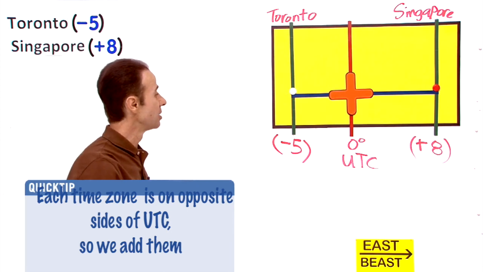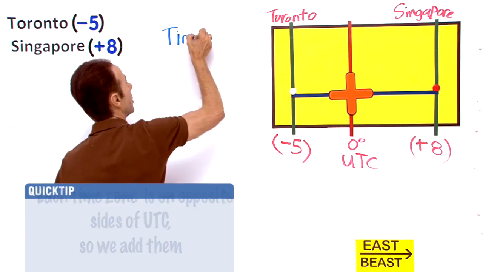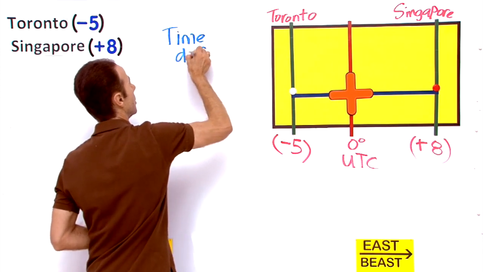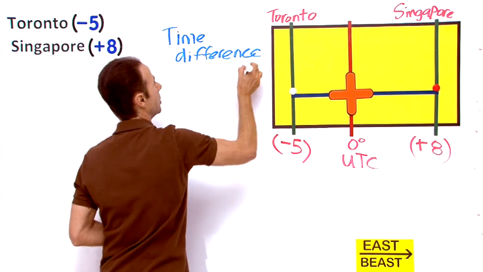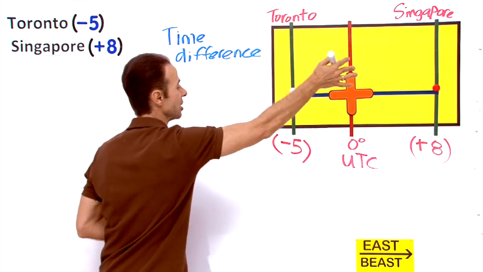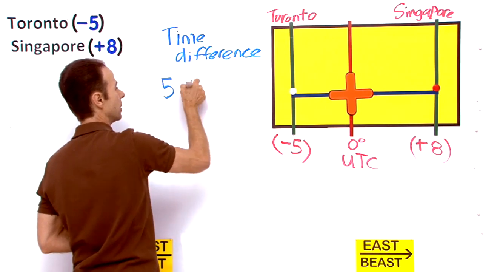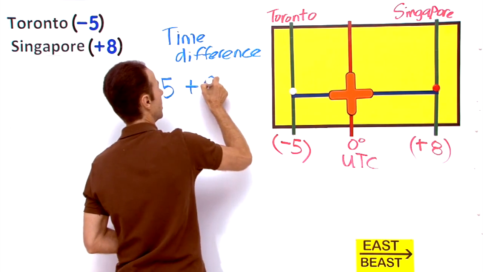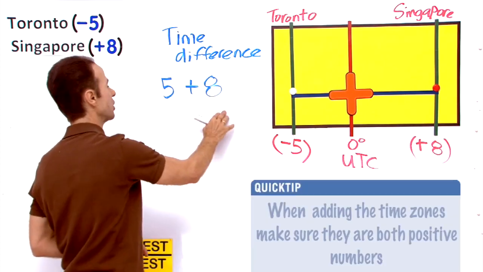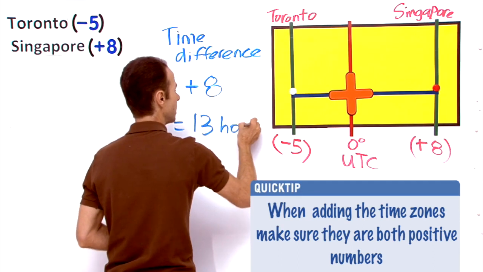So the time difference between Toronto and Singapore is, and we use positives, 5 plus 8, add them together, that equals 13. 13 hours.